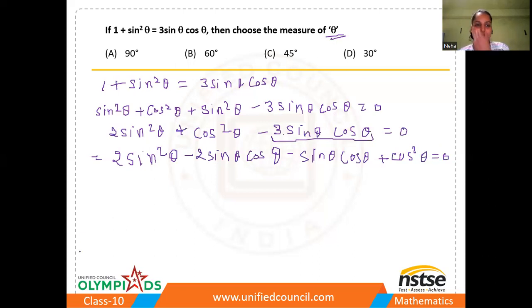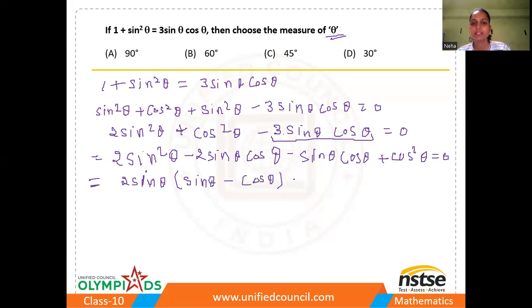Clear? Now, from the first two terms, I can take 2 sin theta as common. Now it remains sin theta minus cos theta.